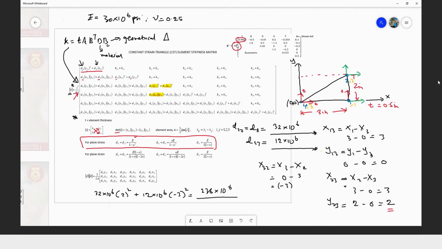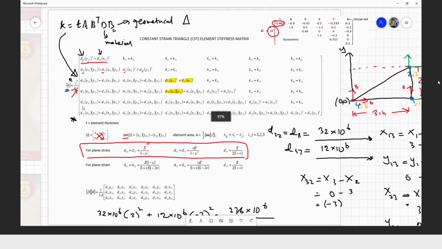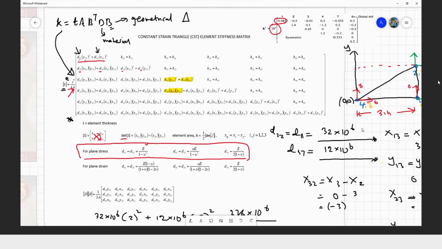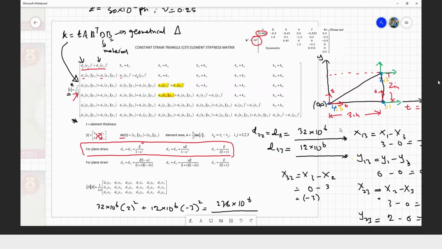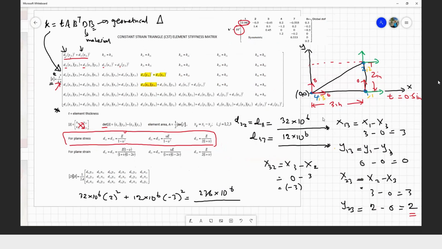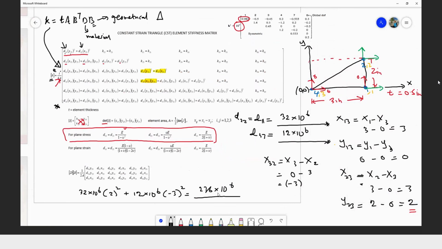But for the K, then you have to multiply by T and then divide by 4A. So you know the thickness. So if you multiply your numbers here and then multiply by 0.5, then divide by 4, multiply by 3, right?